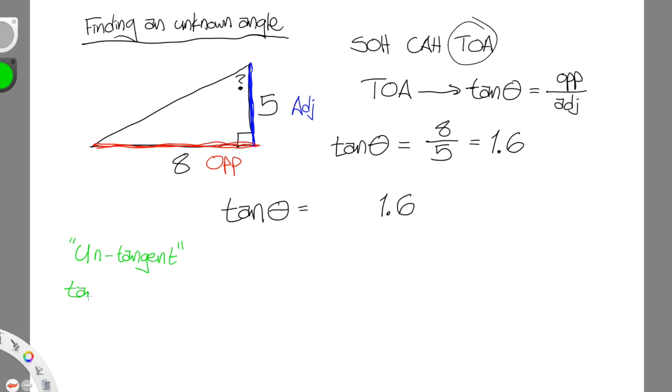So it would be tan to the -1, or some people call it arctan. Either way, it is the opposite of a tangent. So I'm going to take the inverse tangent of both sides of this equation.